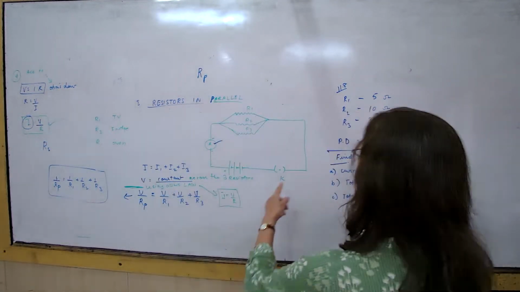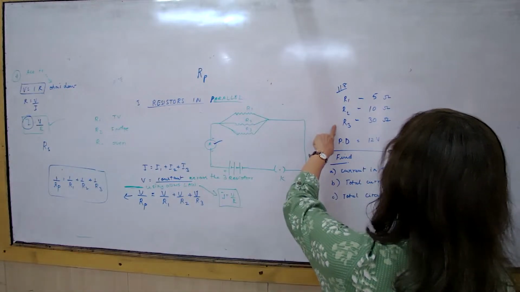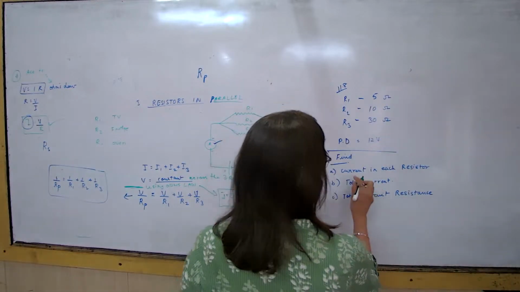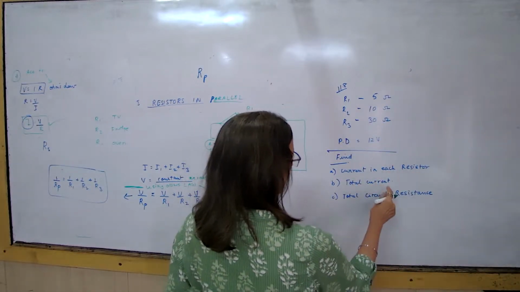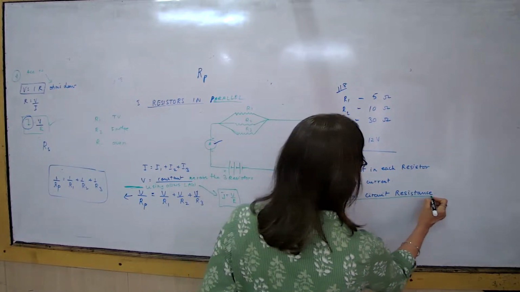Okay. Now we know that R1, R2 and R3 is there. We can find out what is the current in each resistor, total current and total circuit resistance.